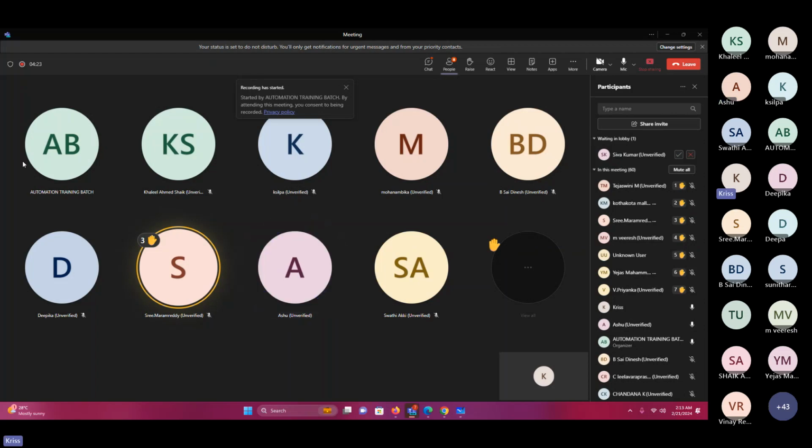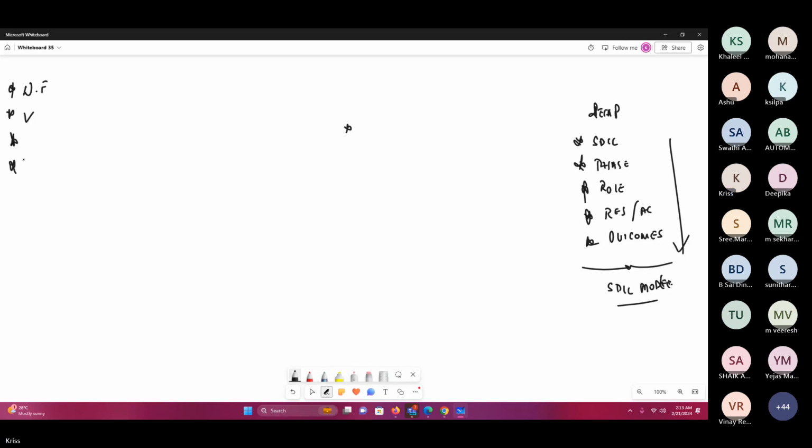Priyanka, what are the different types of models we have? Agile model, waterfall model, V-shaped model, and spiral model. So there are five types of SDLC models. Iterative.